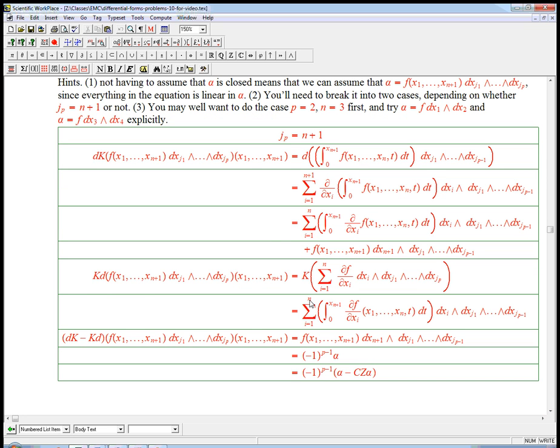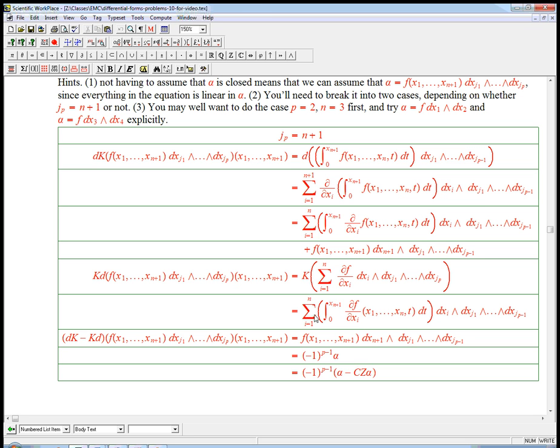Okay, so now, let's go down here. Now what about Kd? Okay, well, we'll take d, which is the sum of all the derivatives, and now i is going from 1 to n. The reason for that is that I know jp is n plus 1, so I don't need to explicitly include the df dx n plus 1, because I know that will die, and it's going to be a better match for this if I remember that that's going to die.